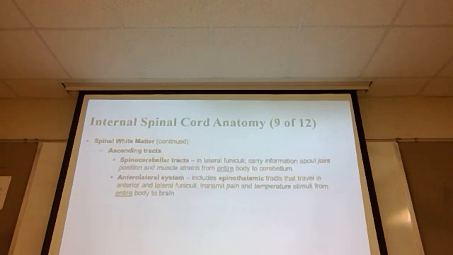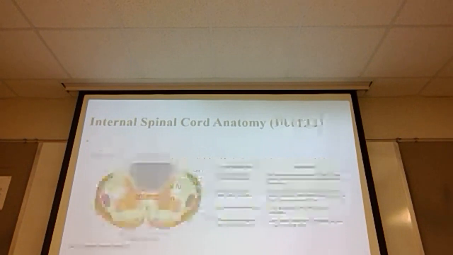The spinocerebellar tracts, which are found in the lateral funiculi, carry information about joint position and muscle strength from the entire body to the cerebellum. The anterolateral system includes the spinothalamic tracts that travel within the anterior and lateral funiculi. These transmit pain and temperature stimuli from the entire body to the brain.